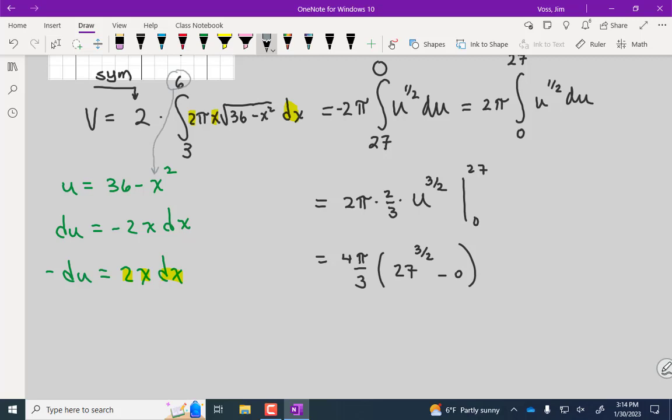And if we plug in 6 for that x and square, we get 36 minus 36, which is 0. So this is the upper limit here because this upper limit gives you that. And similarly, this is the lower limit here because this lower limit plugged in there is going to give you the 27. So you always have that correspondence. Upper goes to upper, lower goes to lower. That's always going to be our pattern.